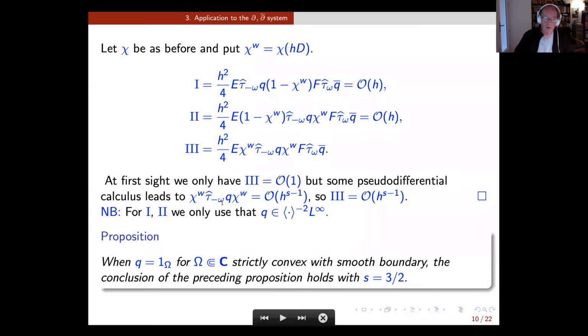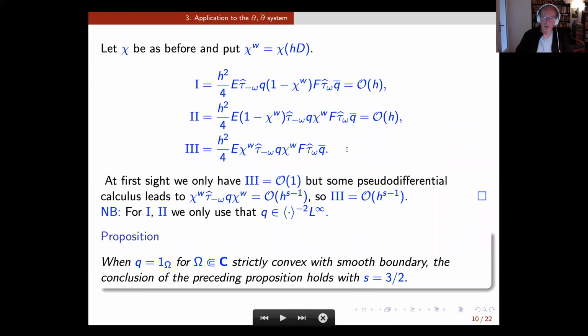And then I have this phase-space translation, which, if I apply this to some function, then I expect to be close to the frequency minus omega. But then this cutoff takes away that part, because chi is supposed to have support in a small neighborhood and omega is of norm 2. And therefore I gain, so I get O of H to the power S minus 1.